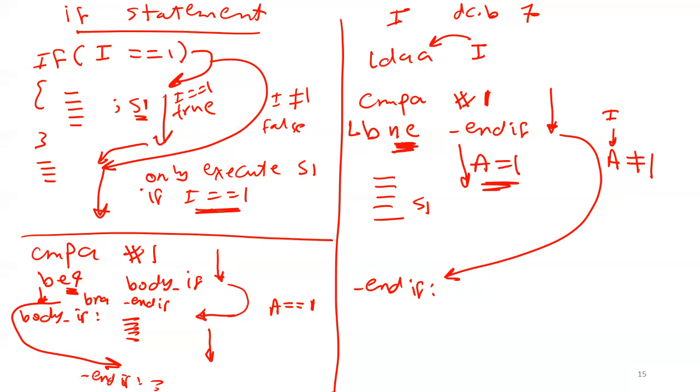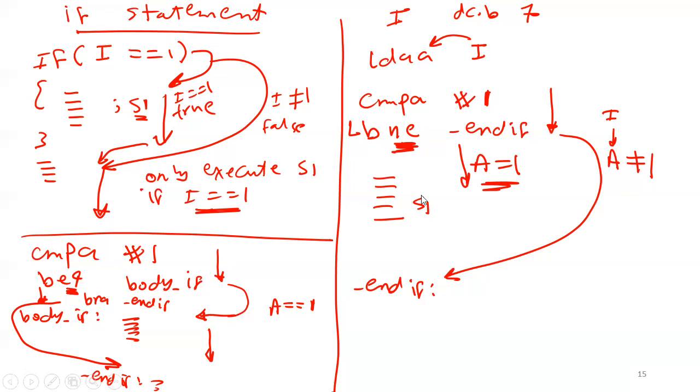If they are not equal, I come to here. If they are equal, I come to here. That's why we call it a branch. So, in other words, the only way to execute S1 here is if this branch is not taken, because if this branch is taken, I'm not going to execute S1.